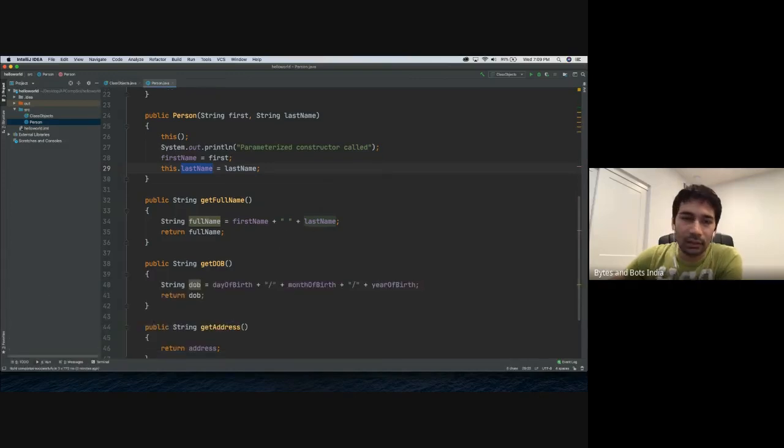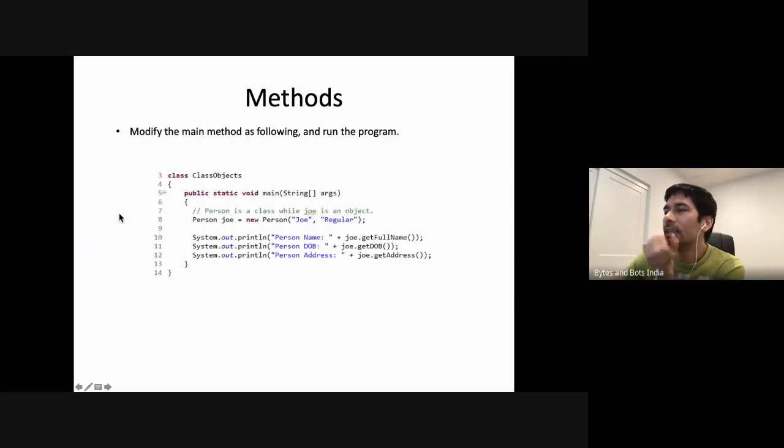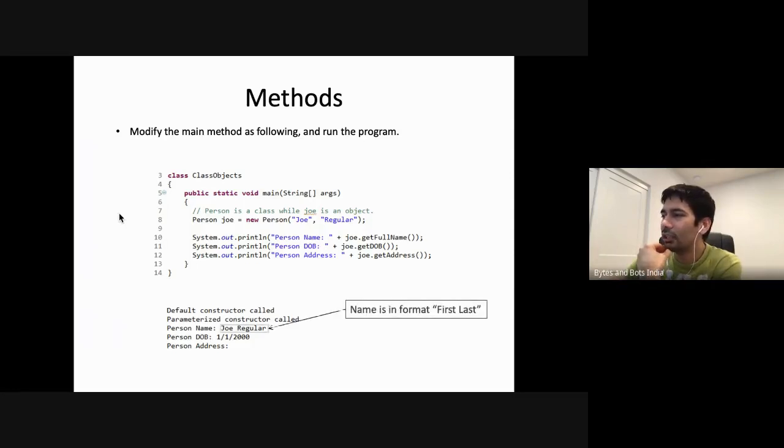All right, so let's move on. We did this, and we got a result like such, and now the name is formatted as first and last name with a space in the middle.